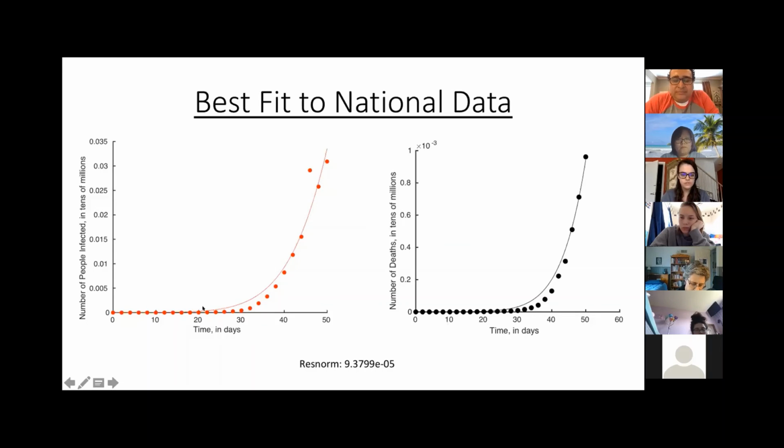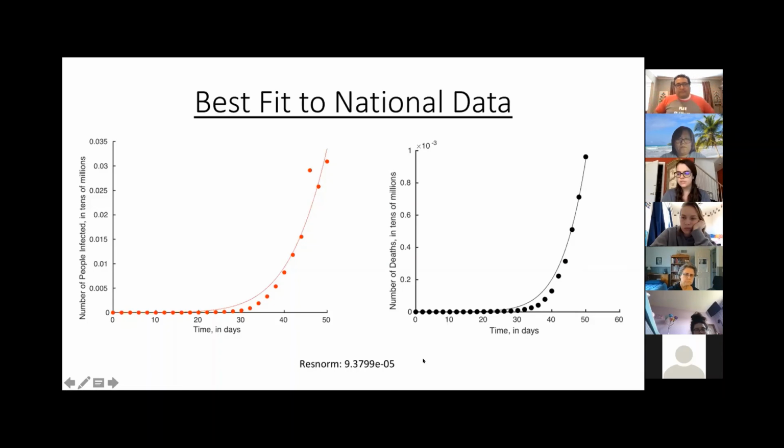The lines are my fits to this data. I used MATLAB with a built-in package called lsqcurvefit, and it solves for those parameter values. And we can see we get a pretty good fit to the data, right? This line fits this data pretty well.